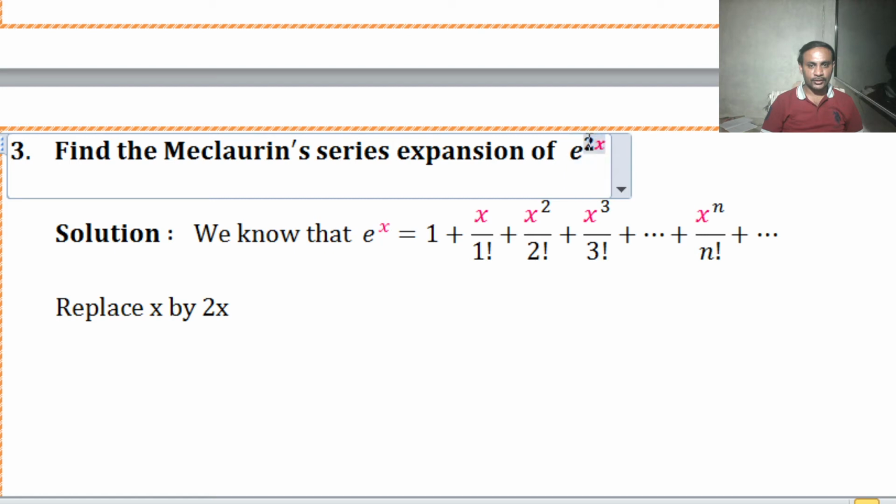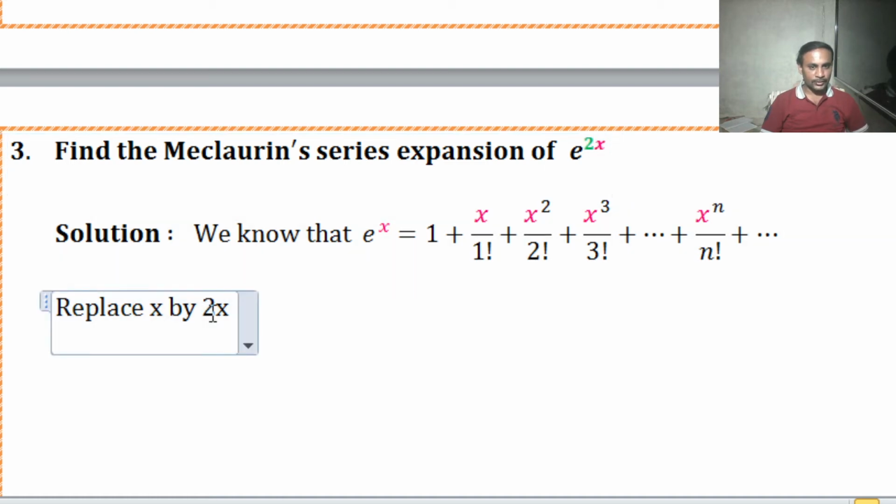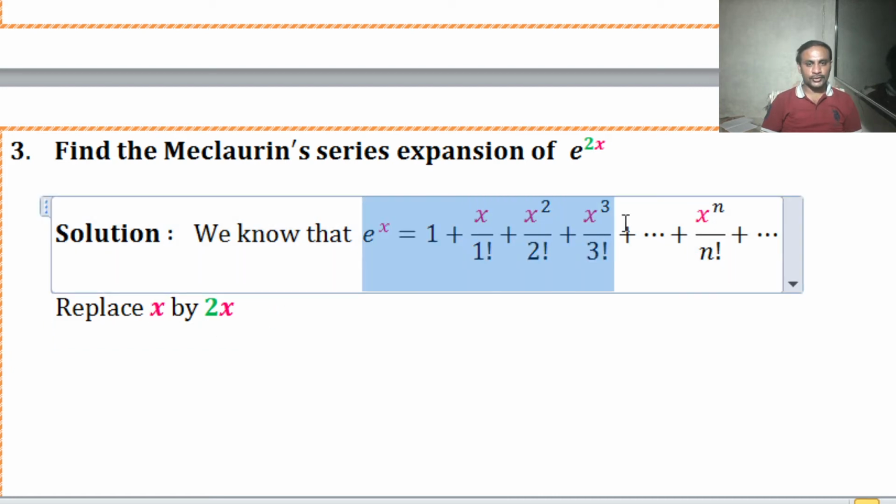Suppose this is the term e raised to 2x. So here we are replacing x by 2x in this expression.